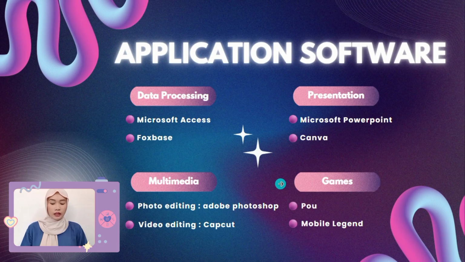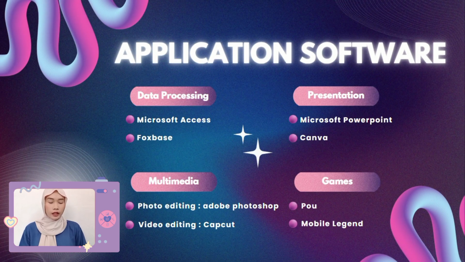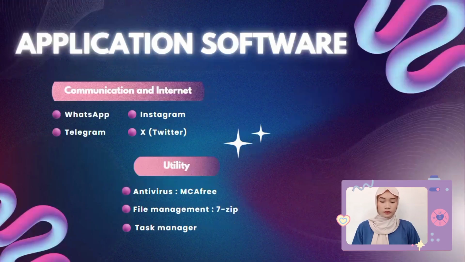And the next one is games application. Talking about games, there is so much that can be mentioned, but here I will mention just two games, which are PoW, that I like, and Mobile Legends, which is the most popular game. And then the next category of application software is communication and internet application.